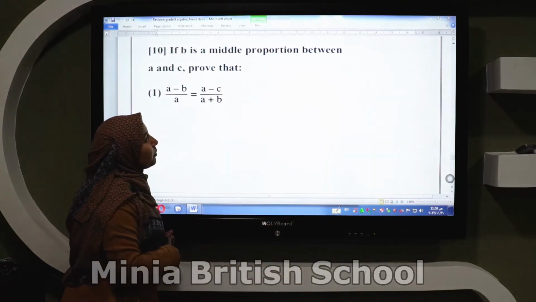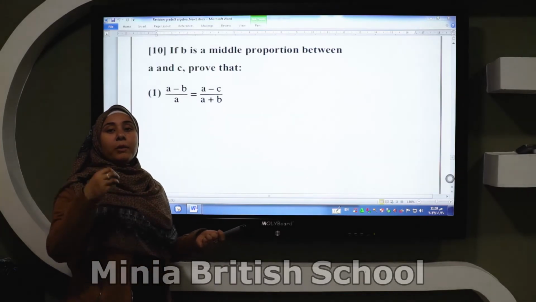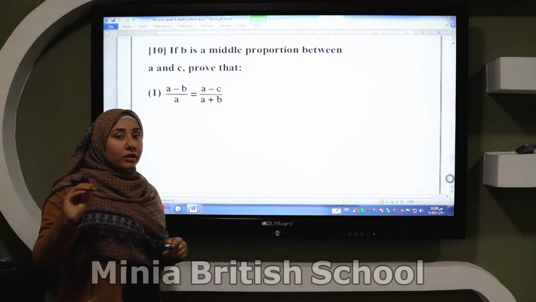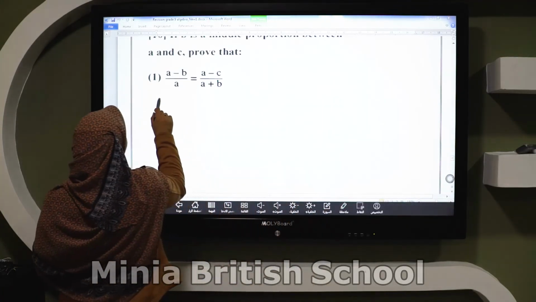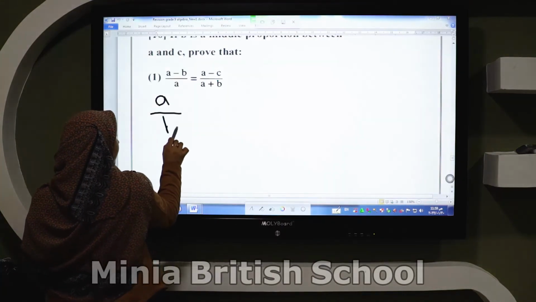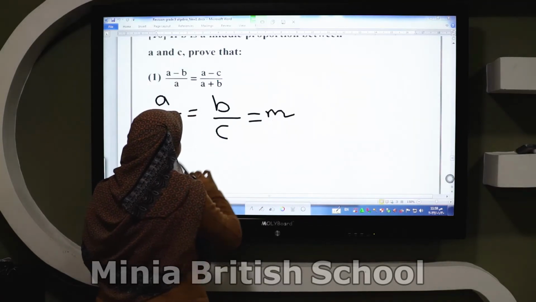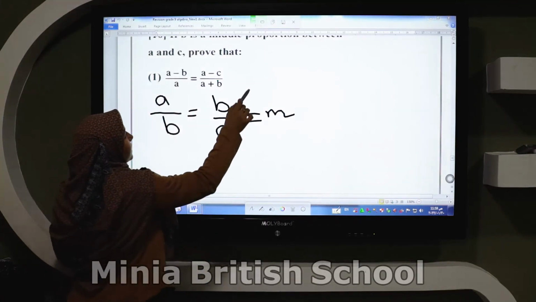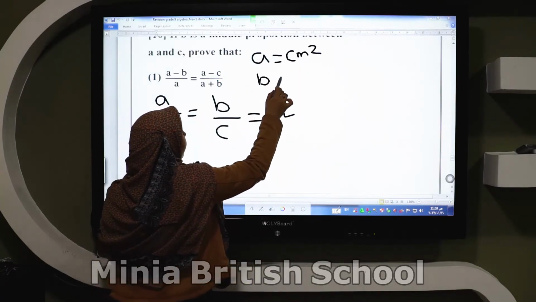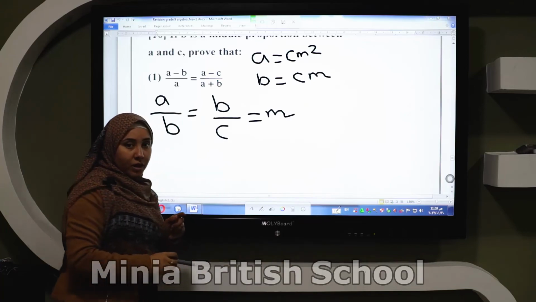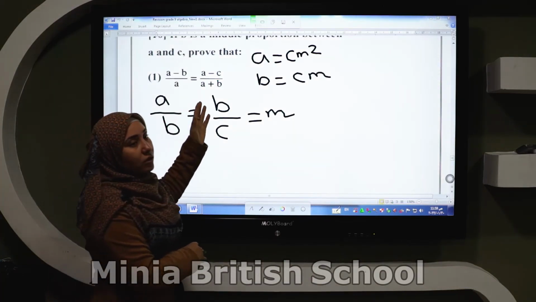If B is a middle proportion between A and C, prove that... I said middle proportion, so this proportion is a continued proportion. Then A over B equals B over C equals M. Then A equals CM squared and B equals CM. Now substitute in the left hand side and also the right hand side.